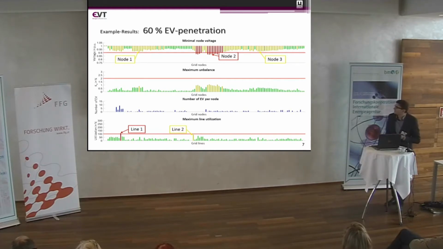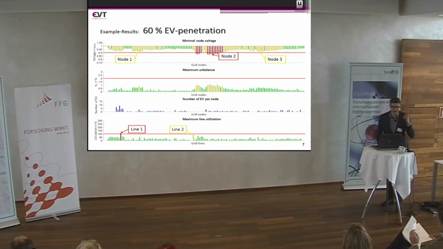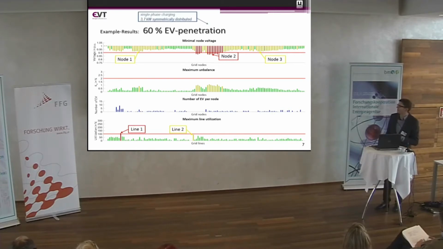This was actually also for us a quite astonishing result, that the grids are relatively fit also for high penetration rate, not the grids, this exact grid, which is a standard grid for urban situations. At the moment, we are trying out other grid situations as well, and we see very similar results.